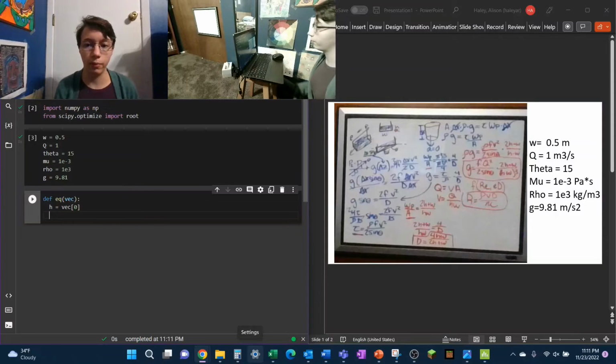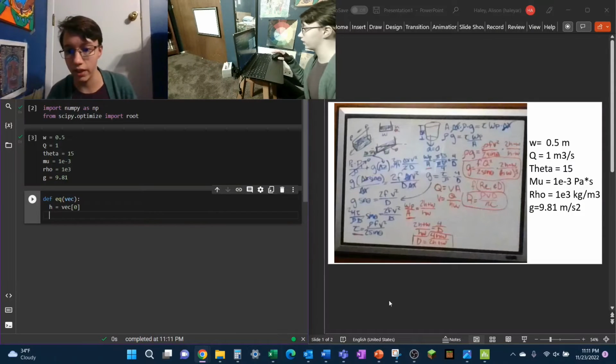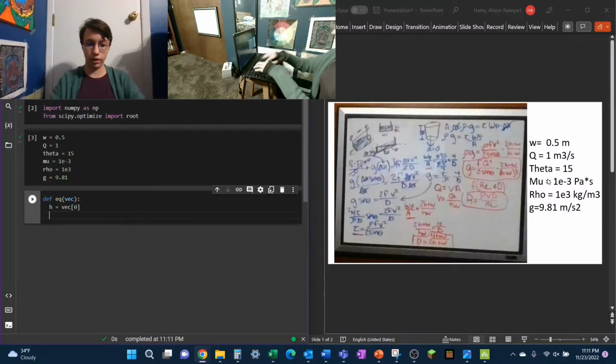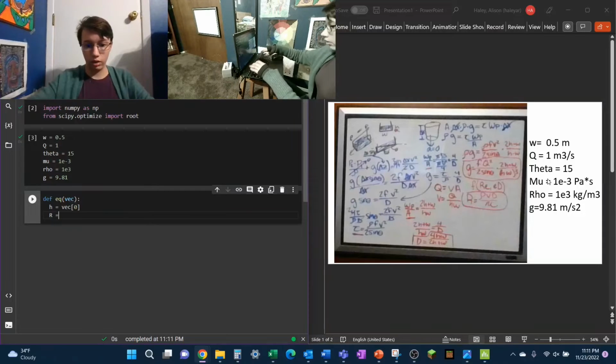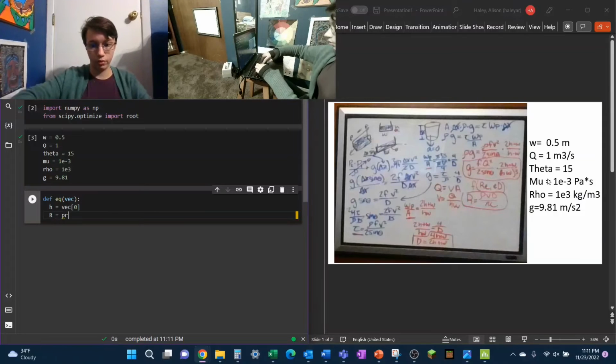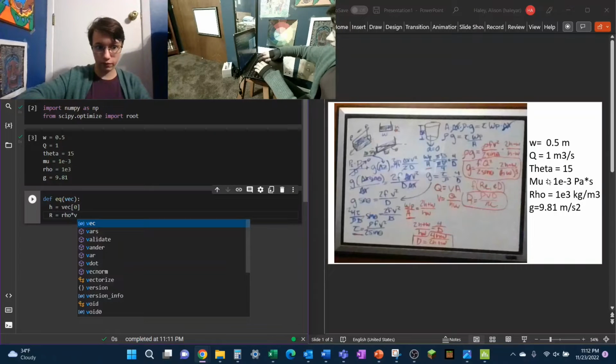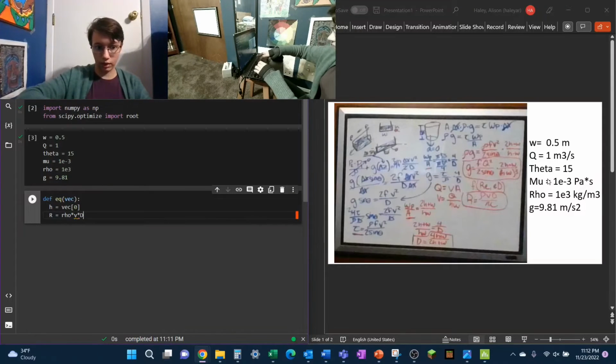Alright, so then from there we can start typing in some of these equations. So for example, our Reynolds number is going to equal rho times velocity times diameter divided by mu.